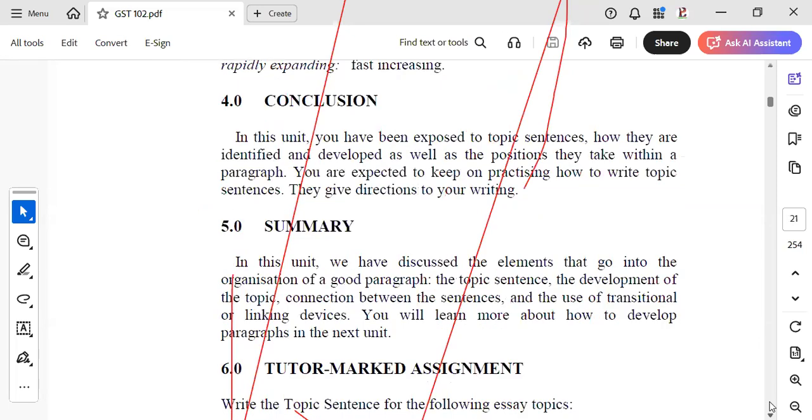So that is all on coherence and transitional devices. As a summary, in this class today, we've talked about coherence, which is how you logically arrange your ideas in a paragraph to help your listener understand. And we've talked about transitional devices.